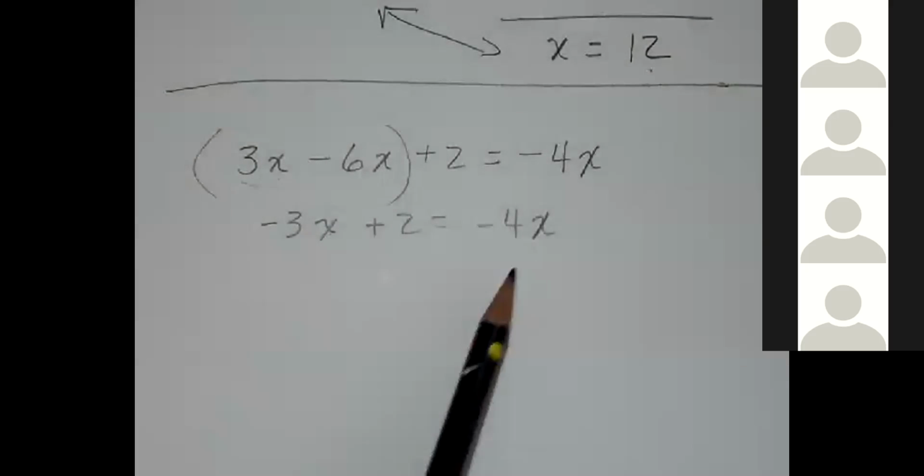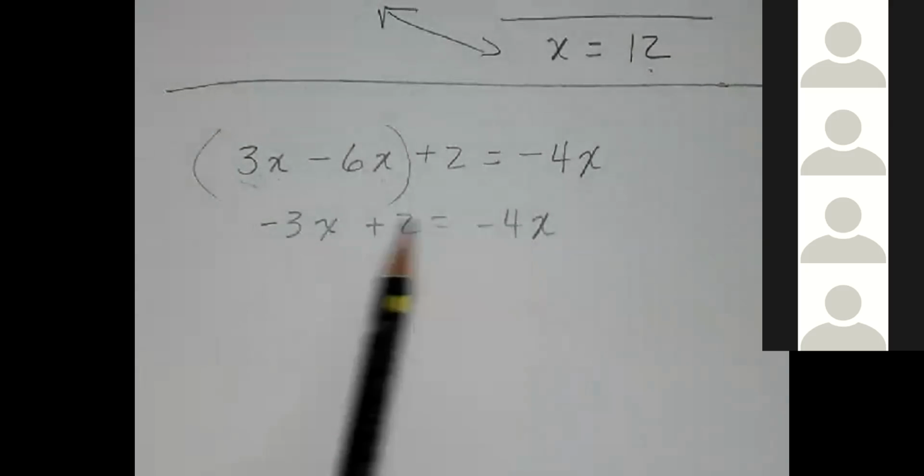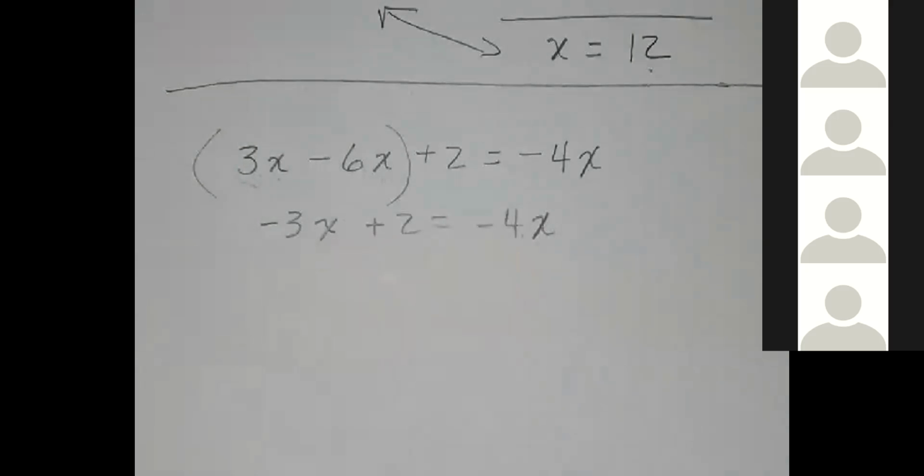I still have the issue of the variable on both sides. And I want to clean that up before I start doing any multiplication or division.